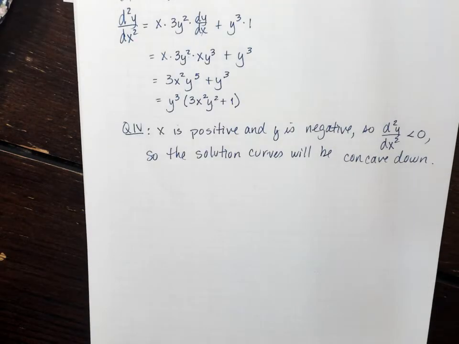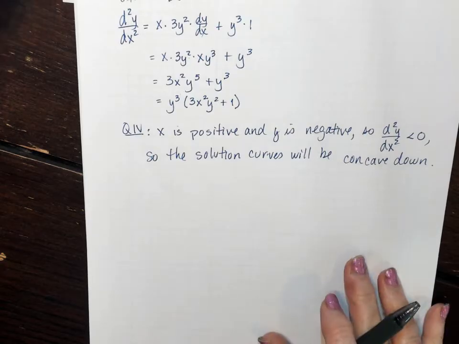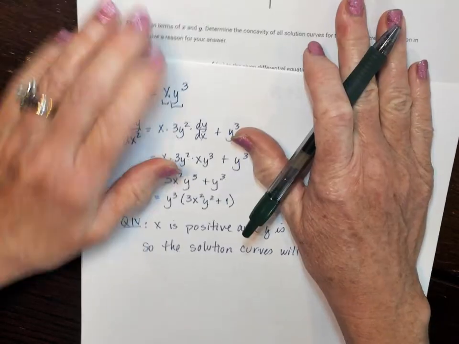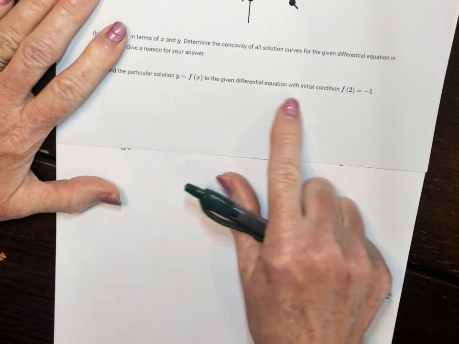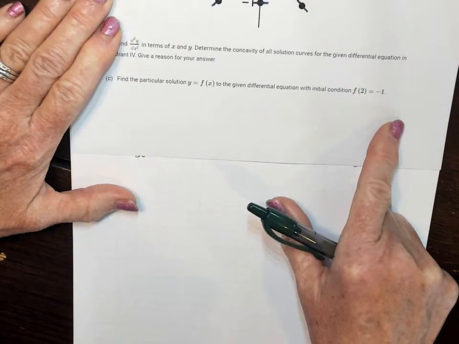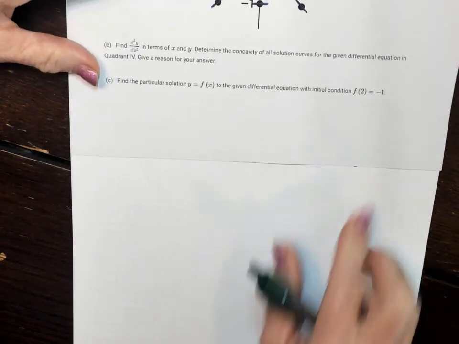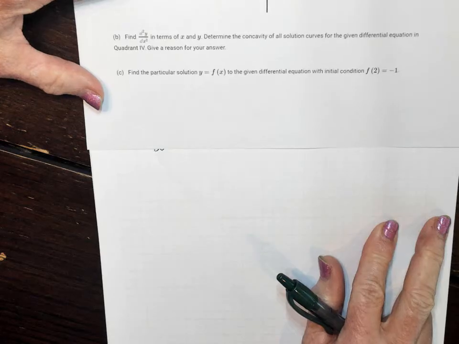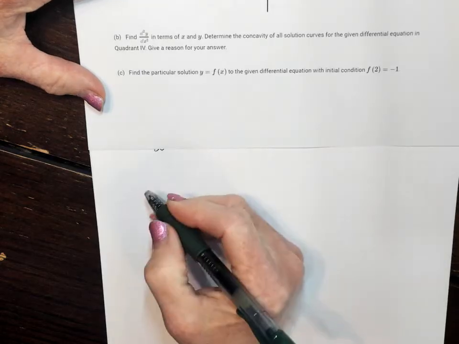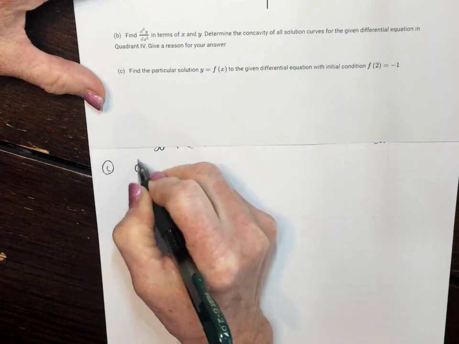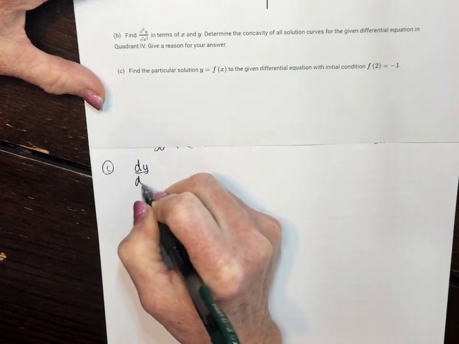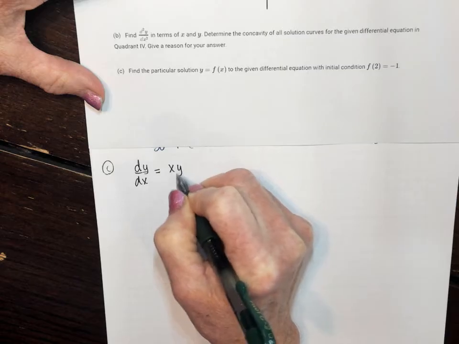Okay, part C here is find the particular solution y equals f of x to the given differential equation with the initial condition f of 2 equals negative 1. So we have to find the particular solution, which means we're going to need to solve for y. So let's start off with dy/dx equals xy cubed.